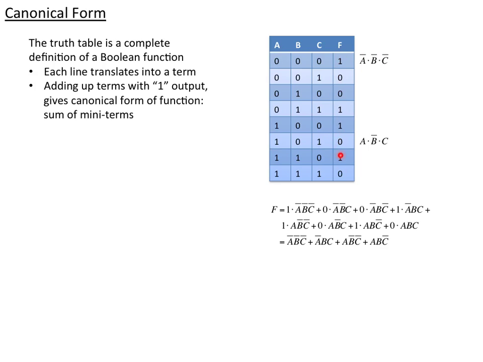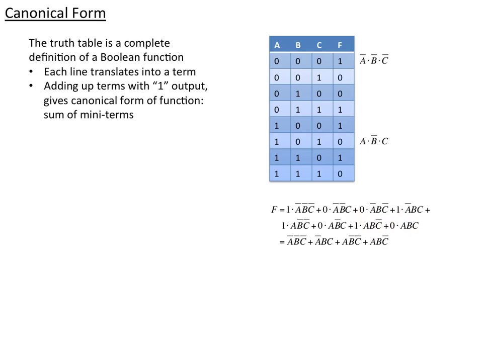And then some of the outputs are true and some are false. So we can write this as 1 times not A and not B and not C, 0 times not A and not B and C, and likewise 0 for the third row, 1 for the fourth row, which is not A and B and C, and likewise the fifth row, not the sixth row, yes the seventh row, not the eighth row.